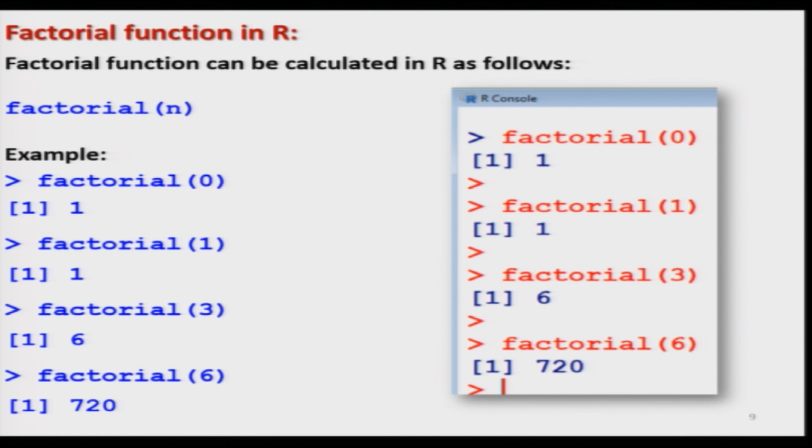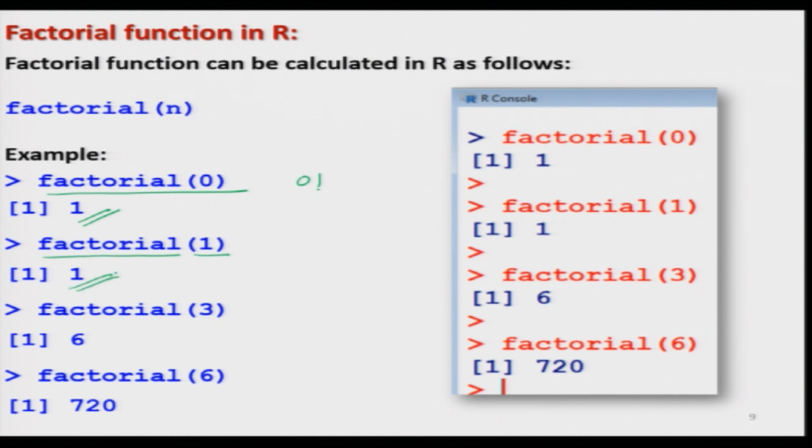Now I will show you some examples, and I will also show them on the R console. Suppose I want to find factorial 0. I write factorial, and inside the parentheses 0. This becomes 1. Similarly, for factorial 1, I write factorial and within parentheses 1.